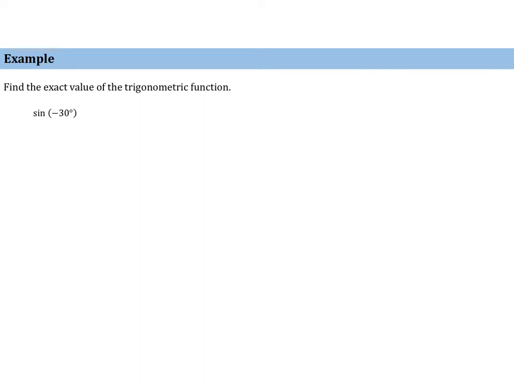So let's use these identities to evaluate some trig functions. Sine of negative 30 degrees, well, sine is an odd function. So I can find the sine of 30 degrees, and then because sine is odd, I can find the opposite of that. Sine of 30 degrees is 1/2 from what I have memorized from my 30, 60, 90 right triangles.